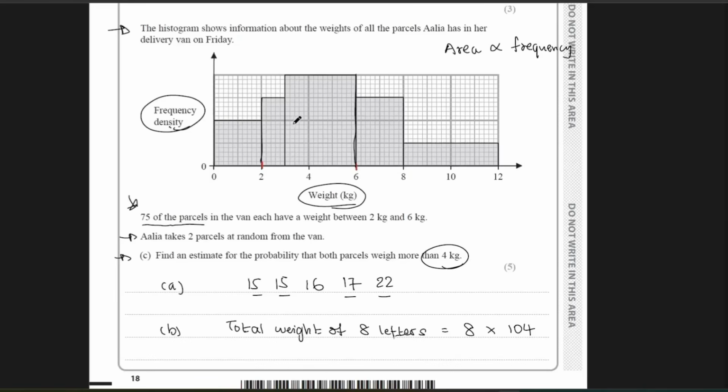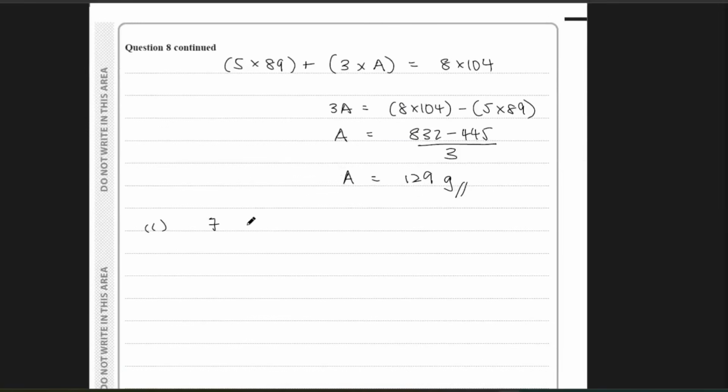Let's count the number of squares we have. We can count the centimeter squares, these ones. How many such squares do we have between 2 and 6 kilograms? So we have 1, 2, 3, 4, 5, 6, 7, 8, 9, 10, 11, 12, 13, 14, 15. Let's write that down. So 15 centimeter squares represent 75 parcels.